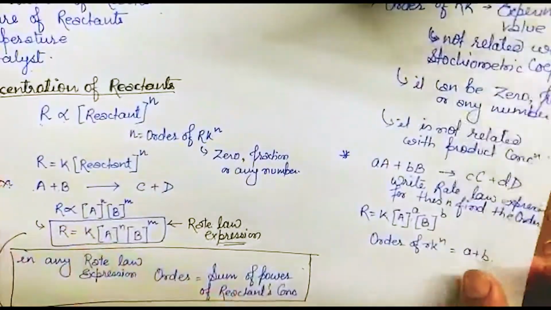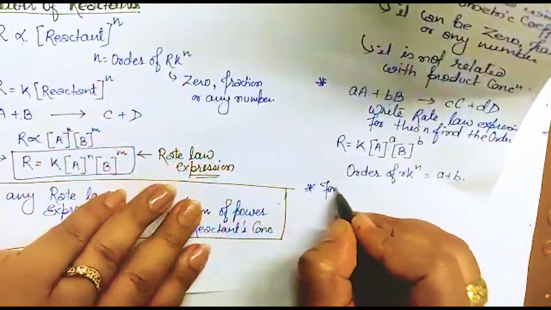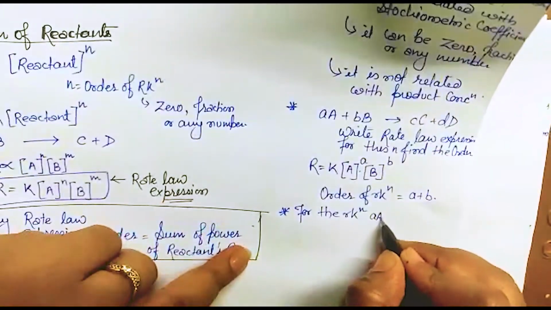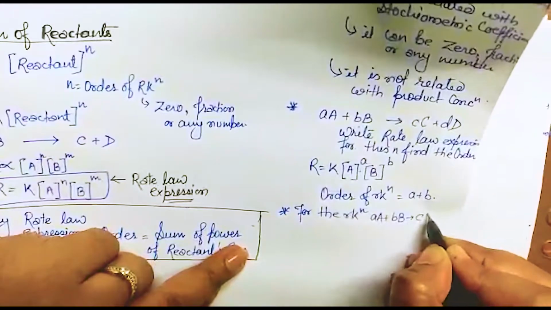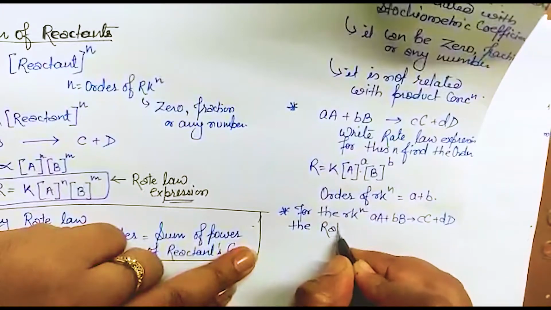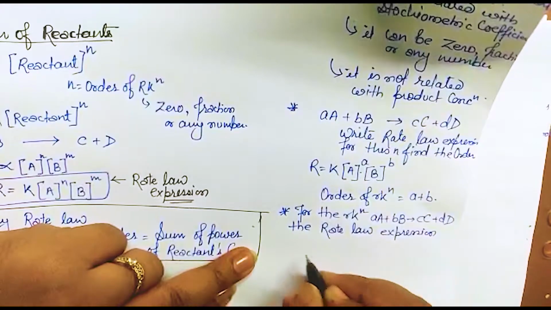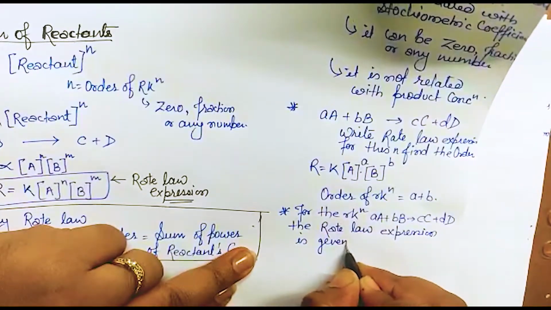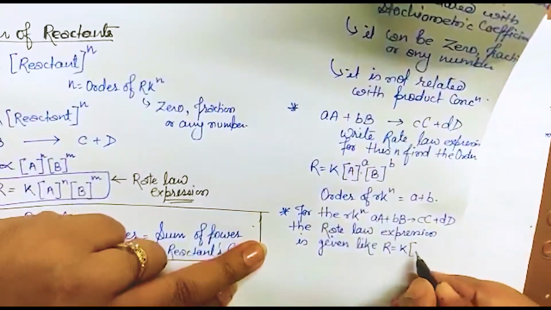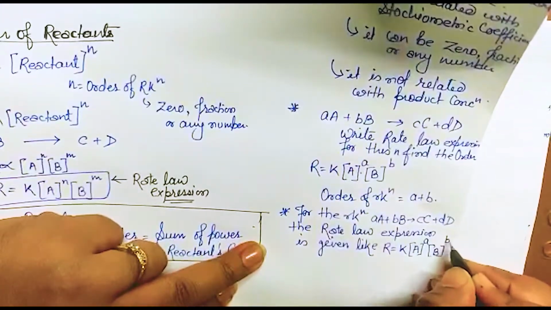Done. But if the question is like this, for the reaction aA plus bB changes into cC plus dD, the rate law expression is given, like R is equal to K [A]^a and [B]^(b/2).